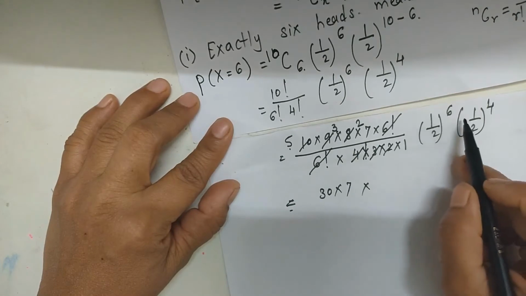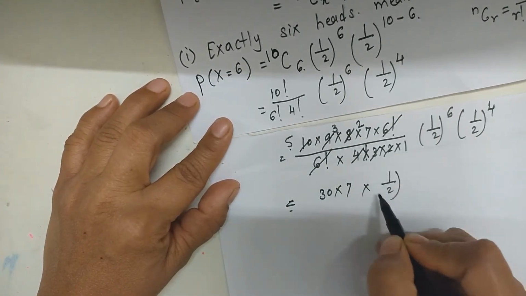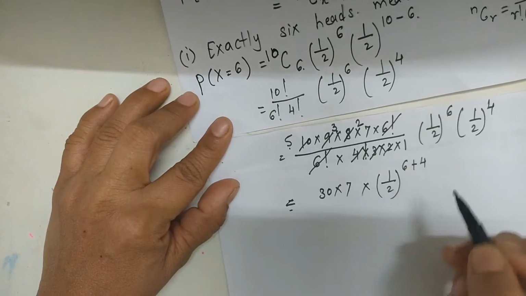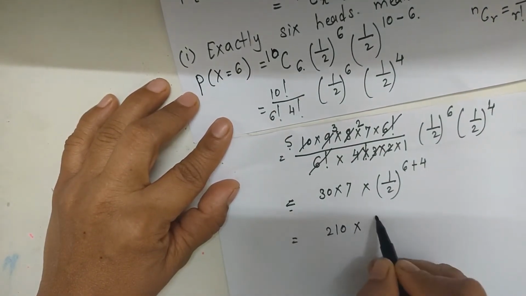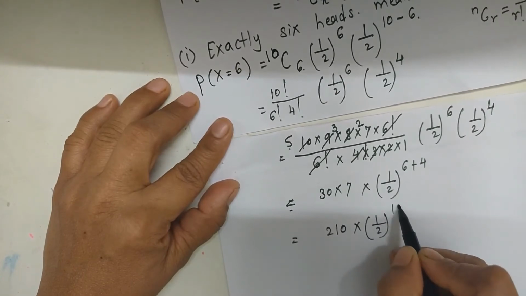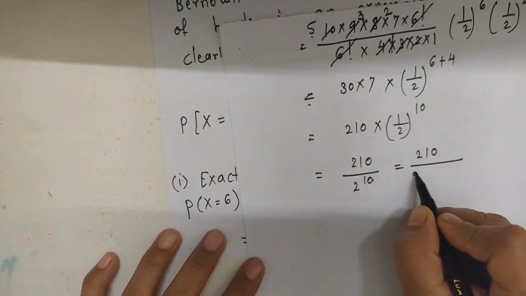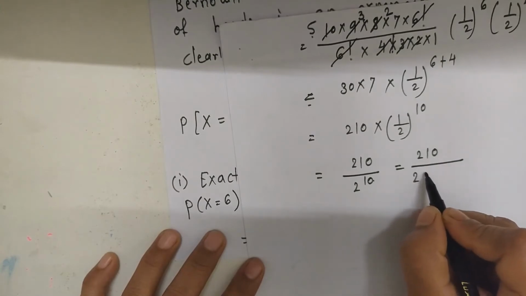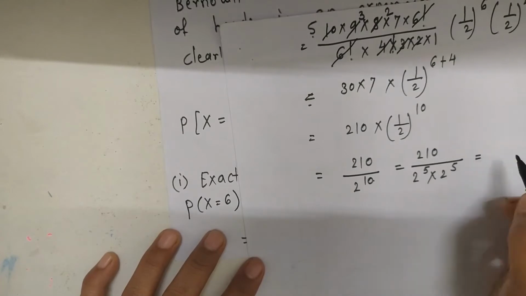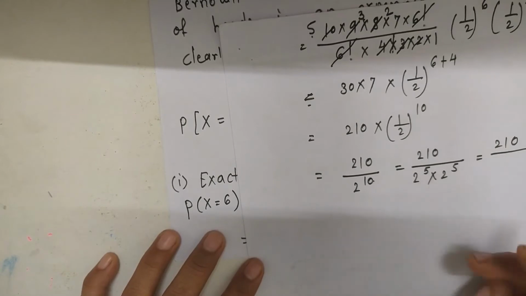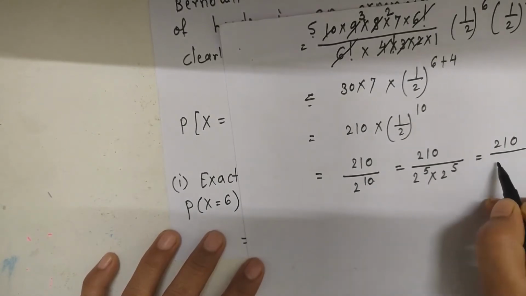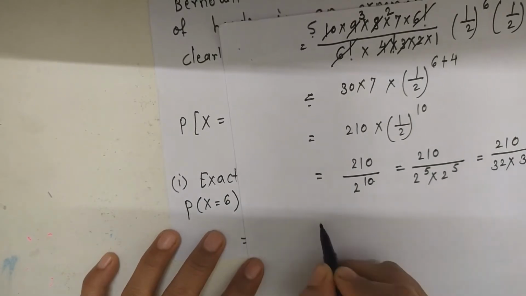By the rules of indices, this can be written as half raised to 6 plus 4, that is 10. 30 into 7 is 210, into half raised to 10, which is 210 upon 2 raised to 5 into 2 raised to 5, that is 210 upon 32 into 32.